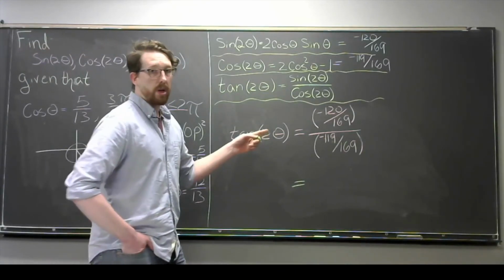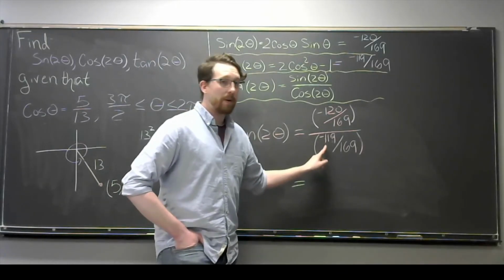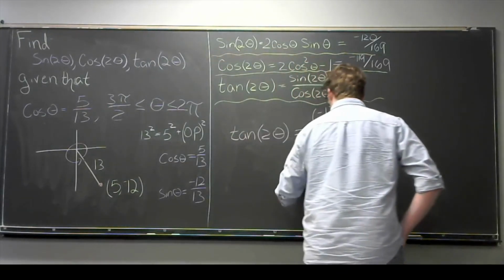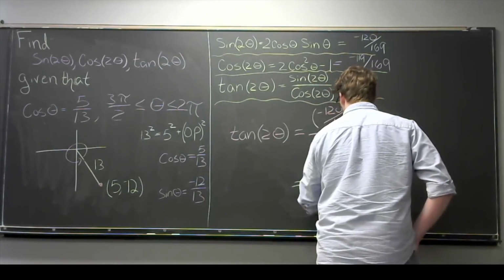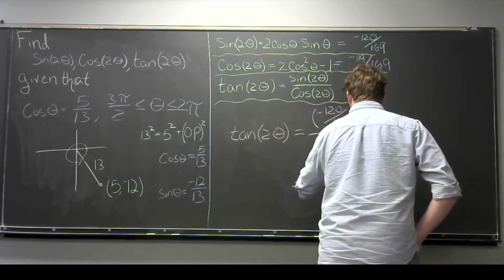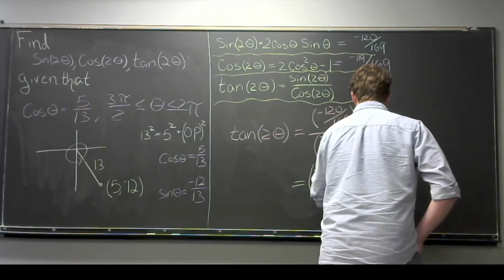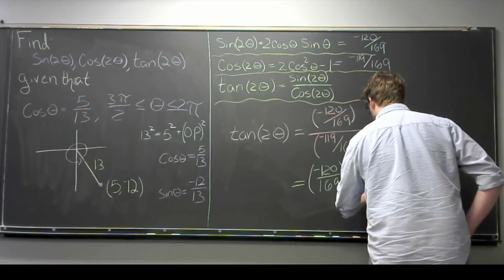So this is the same thing as multiplying the numerator by the reciprocal of the denominator. So we've got negative 120 over 169 times negative 169 over 119.